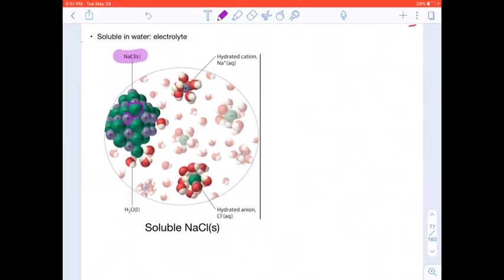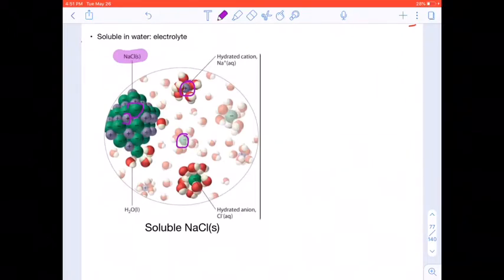What happens is that the chloride ion gets hydrated with water molecules, and the sodium ion gets hydrated with water molecules around it. Since these ions are hydrated, the ionic substance can dissolve in water.